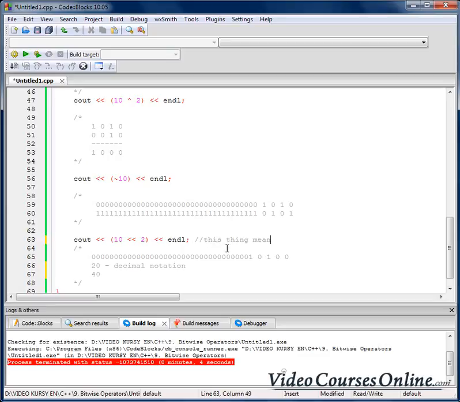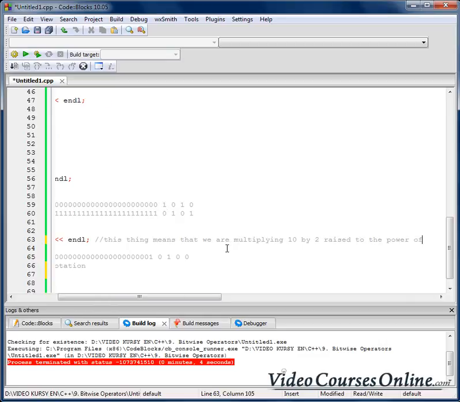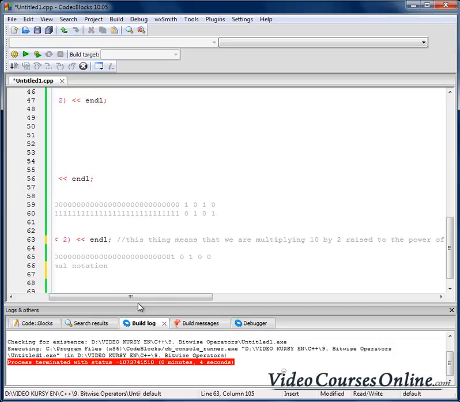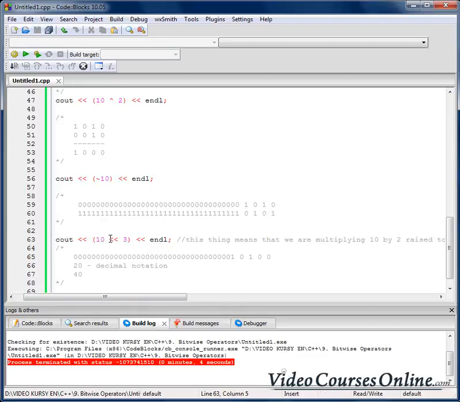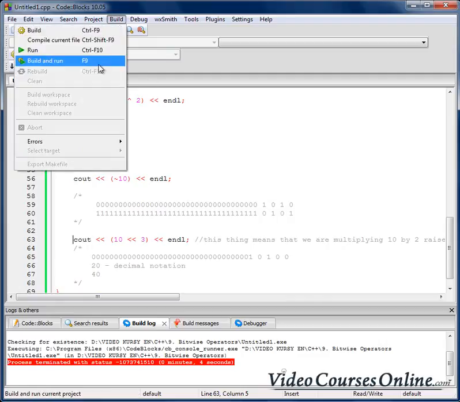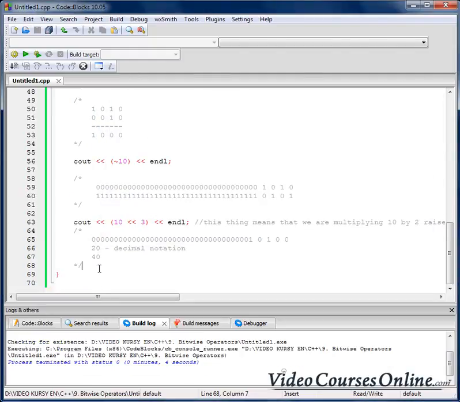So this means that we are multiplying 10 by 2 raised to the power of 2. This time it's 2. Let's write maybe 3. Okay, to the power of 3. And so 10 multiplied by 2 raised to the power of 3 is what? 10 multiplied by 8, so I should have 80 here. Let's see if I'm right, if I'm not lying, and as you can see, everything is working fine.